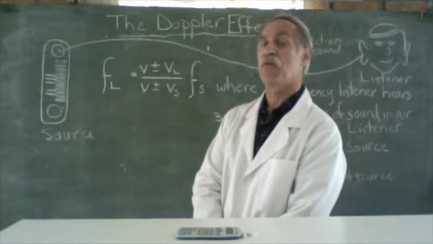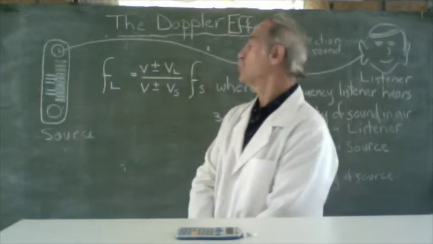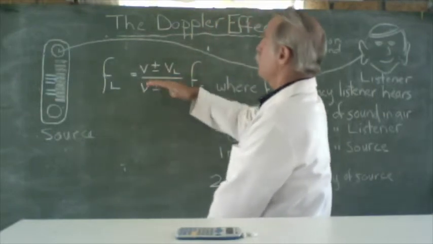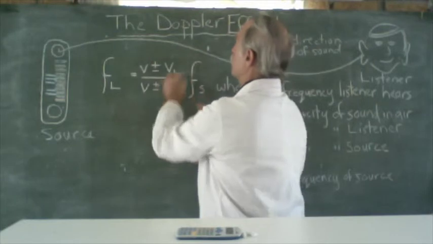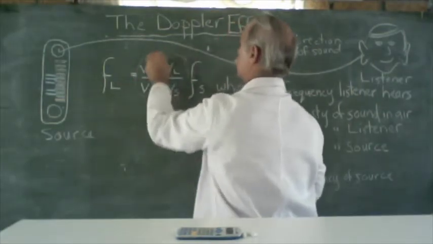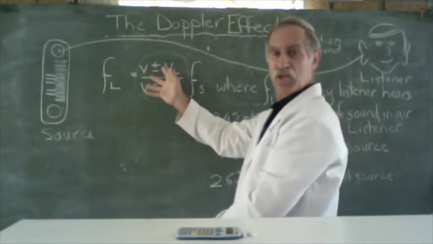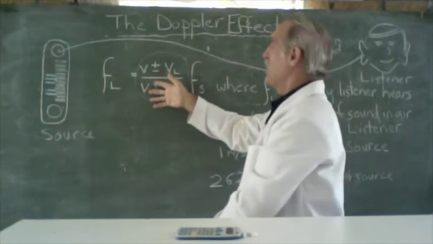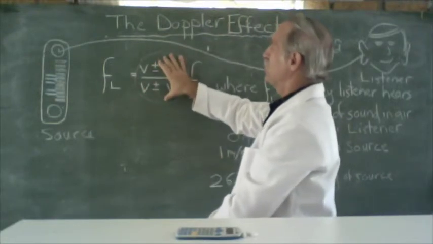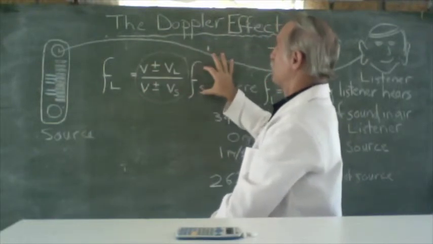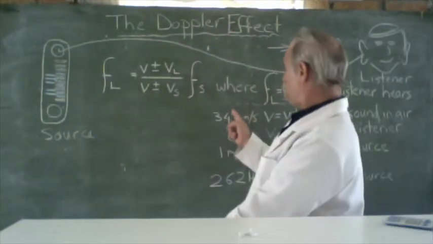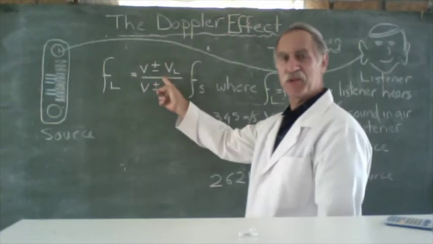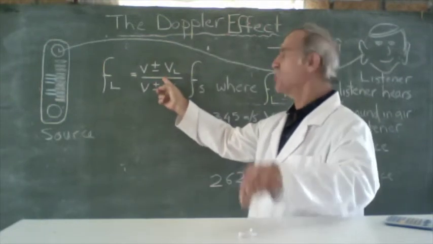It must be raised. So, if we want to raise this, what do we do? This whole thing here is just like a fraction that is going to raise the frequency of the source.